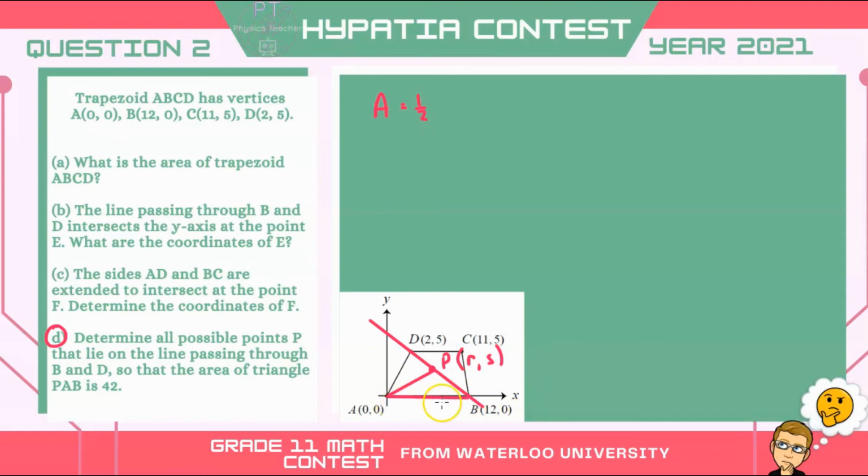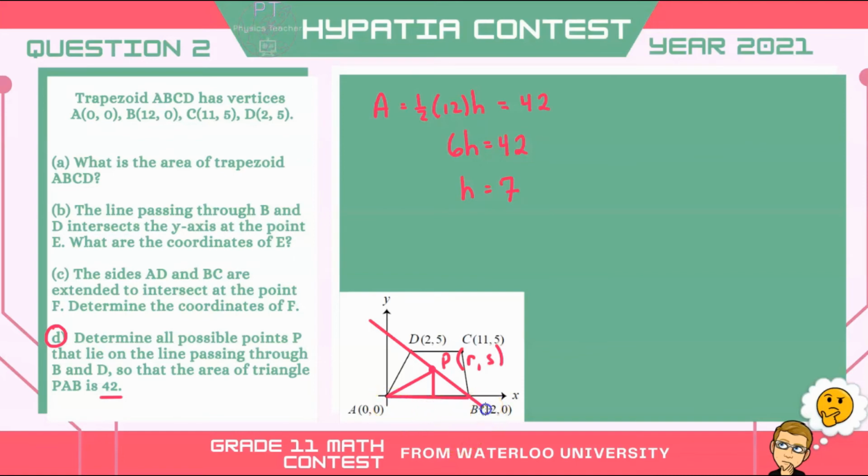Now we know that this base is 12, but we don't know what the height is going to be. But we do know that the area is supposed to be 42. So that leaves us with 6h equaling 42, or h equals 7. So that tells us that P is some vertical distance 7 units above the line AB.